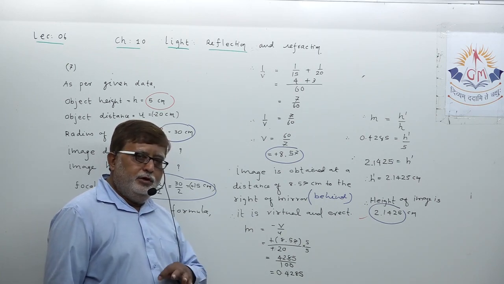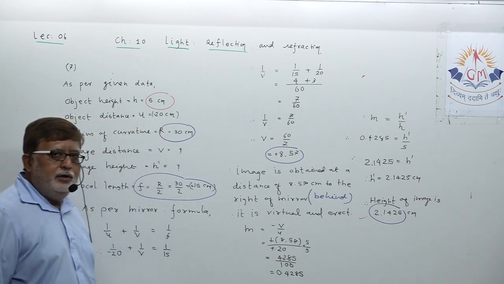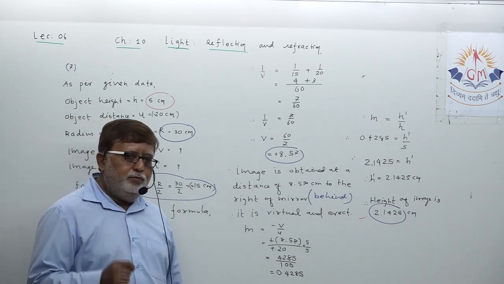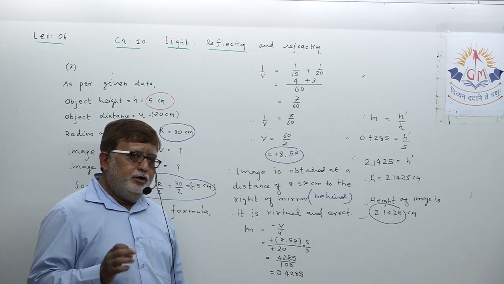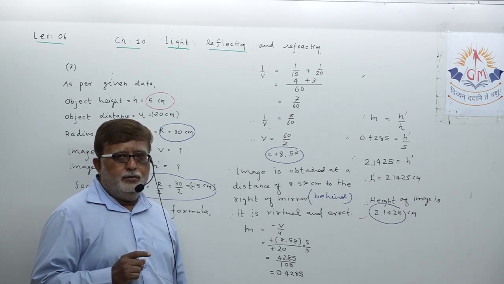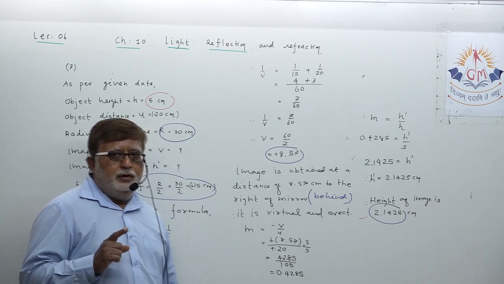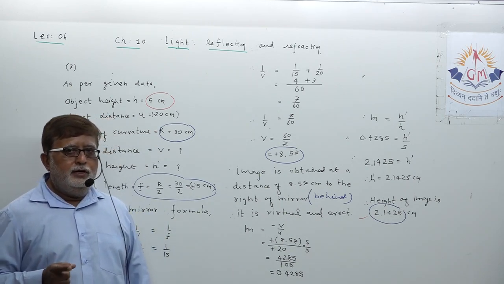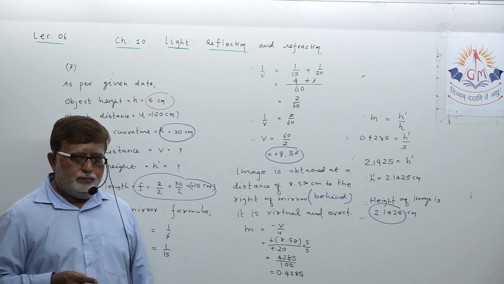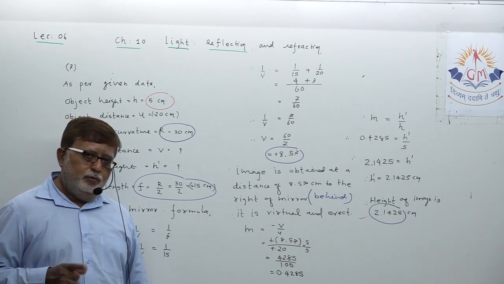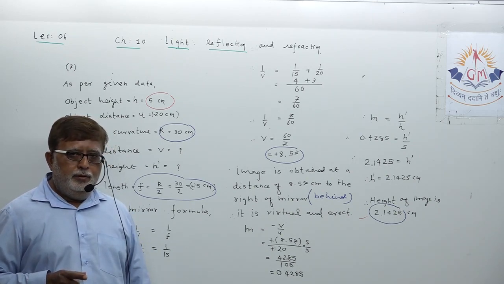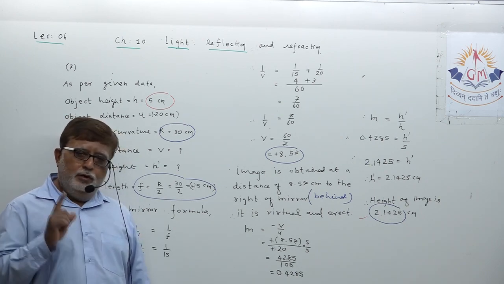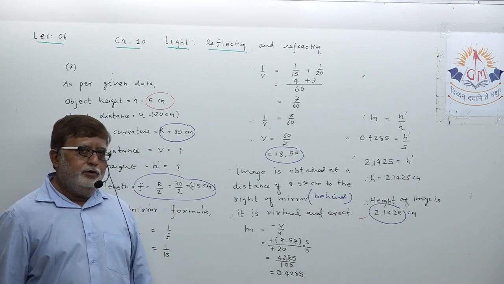This has to be extremely clear in your mind. What I spoke, those array of the words needs to remain in your mind. Convex mirror, you can speak it out. Convex, focal length positive, V positive, M positive, H dash positive, all you will get positive.